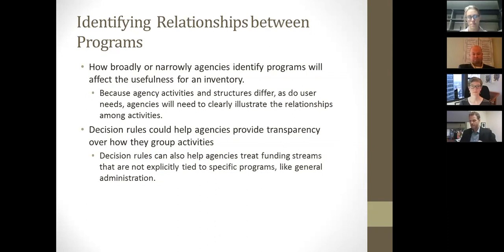So it's not these small programs that are a little bit nebulous. Sometimes they're pretty big programs that just don't have the kind of clarity that one would hope for within the context of an inventory. So hopefully you can see how a controlled vocabulary and these decision rules can help identify programs, but you can also understand that it is still challenging to do that.